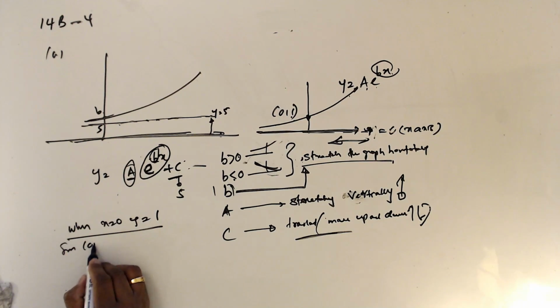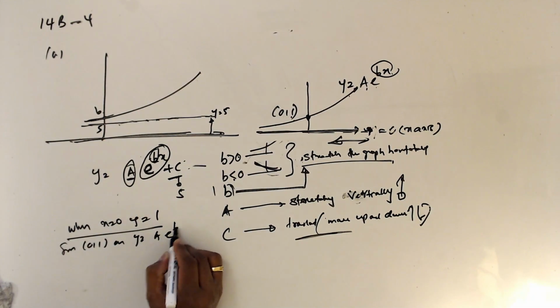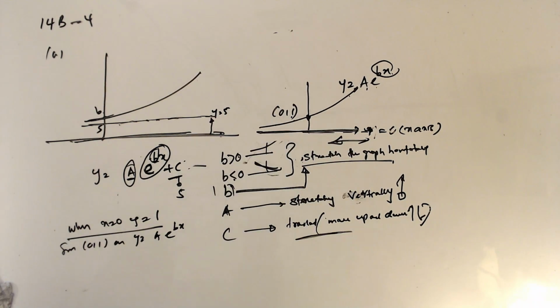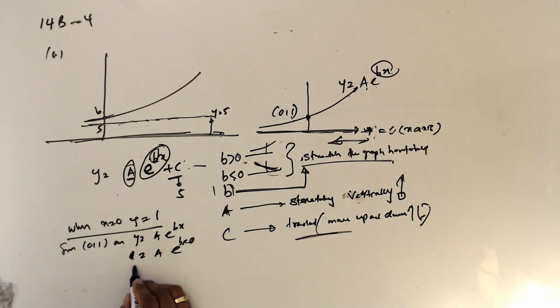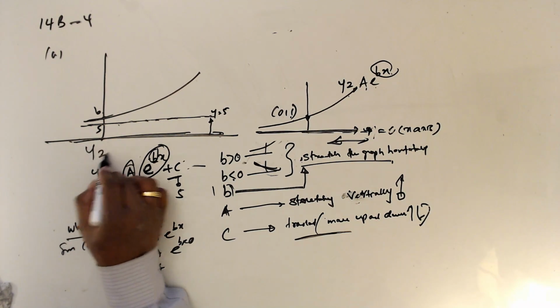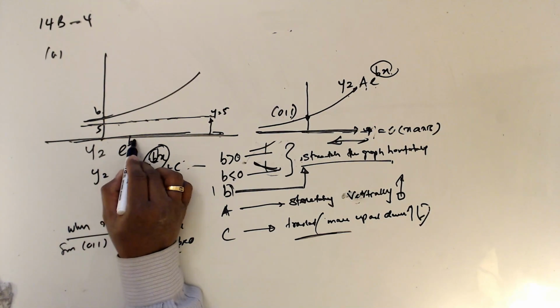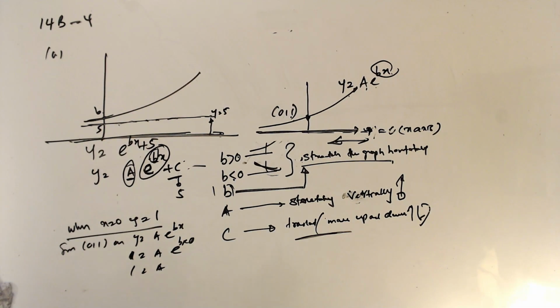Since 0, 1 is on y equals A e^(BX), I took that C out, the 5 out, and now this is going to be 1 equals A times e^(B times 0), which is A equals 1. So then we found out this is y equals e^(BX) plus 5, A equals 1.